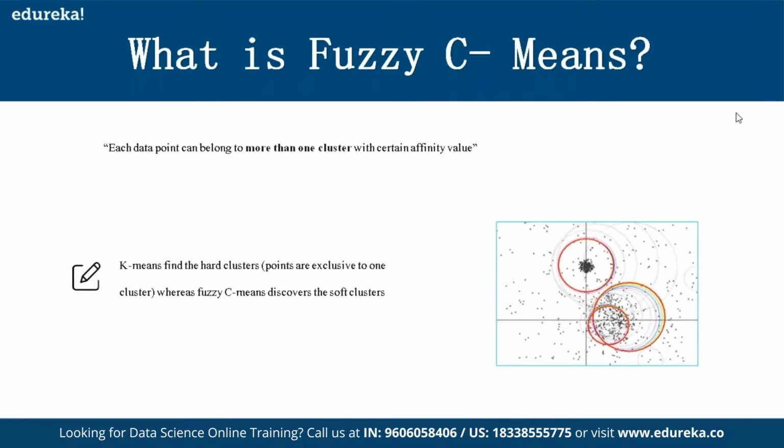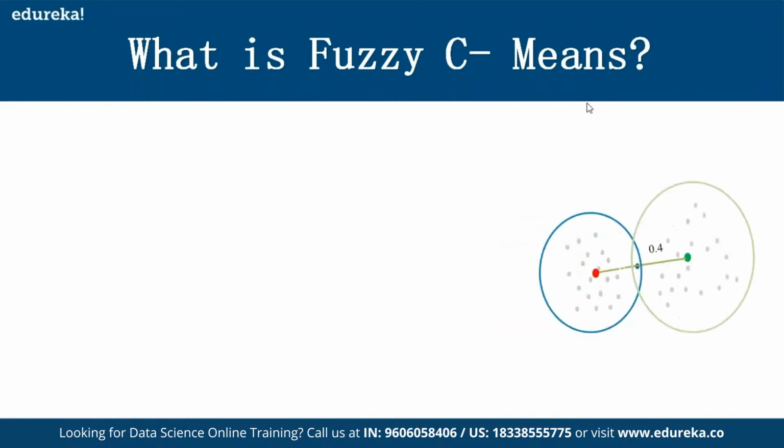The primary difference between C-means and K-means is that when observations have an equal distance, in K-means we force the observation to be part of one cluster, but in C-means, based on the distance, an observation can belong to one or two clusters.